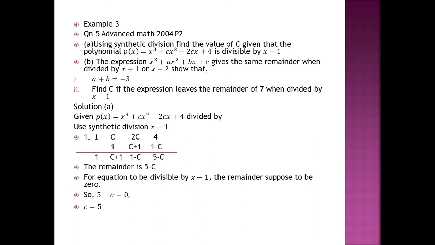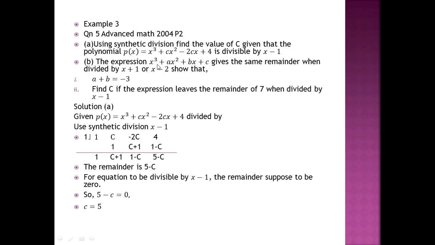Okay, let us check example 3. This is part of Paper 2, Advanced Mathematics 2004, question number 5. Use synthetic division to find the value of c, given that the polynomial p(x) is x cubed plus cx squared minus 2cx plus 4, divided by x minus 1.